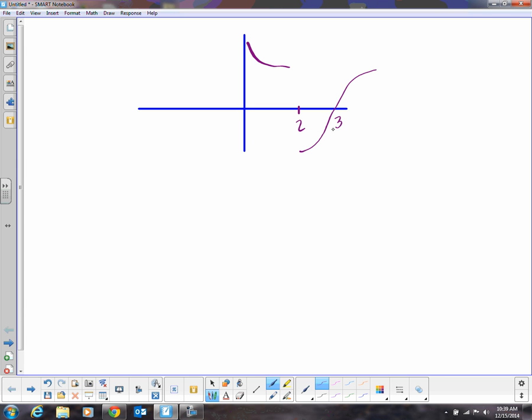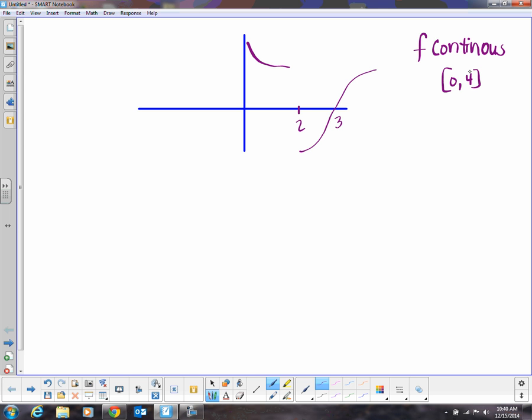It says f is continuous. Is the derivative continuous? No. But what is continuous? The original. F is continuous. And notice it had a closed interval 0 to 4. We might have to talk about that.